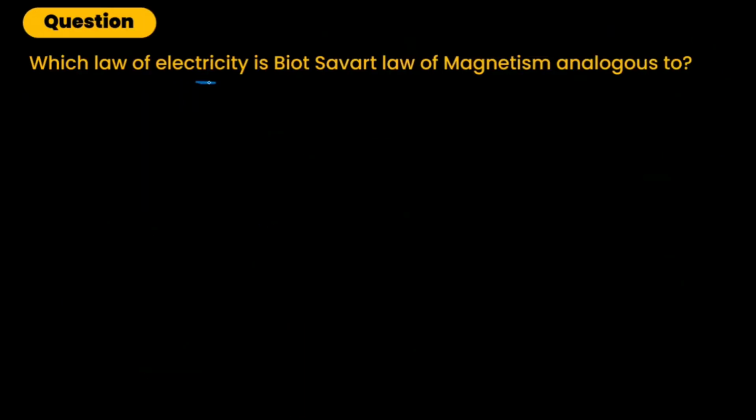The next question we have is which law of electricity is the Biot-Savart law of magnetism analogous to? Here what we have seen is that in electrostatics there was a law which gives us the magnitude of electric field, and here we have a law which gives us the magnitude of magnetic field in magnetism.